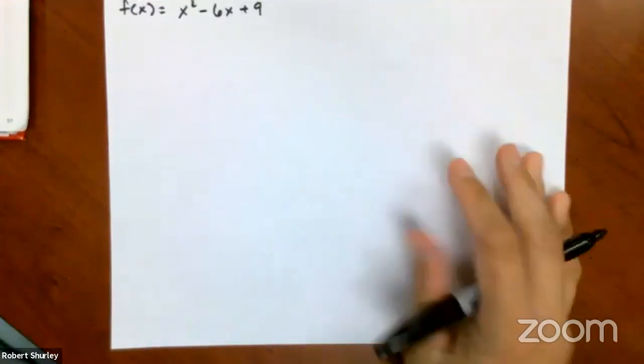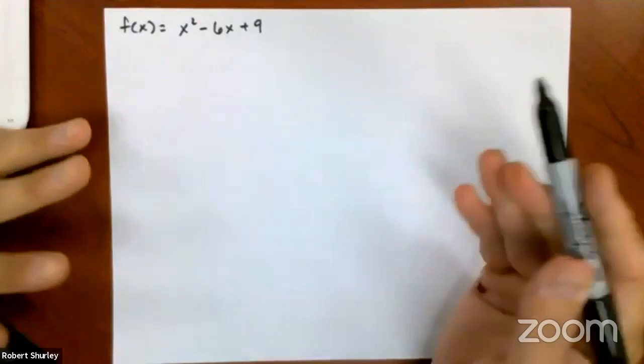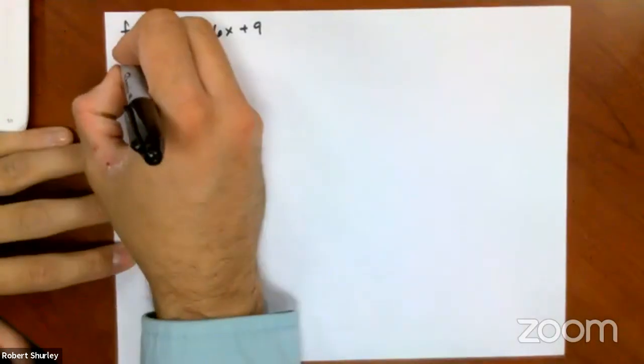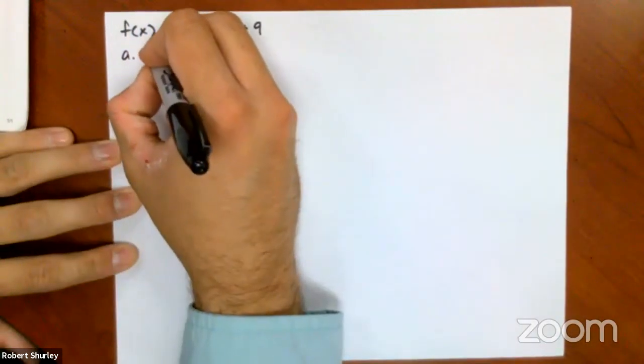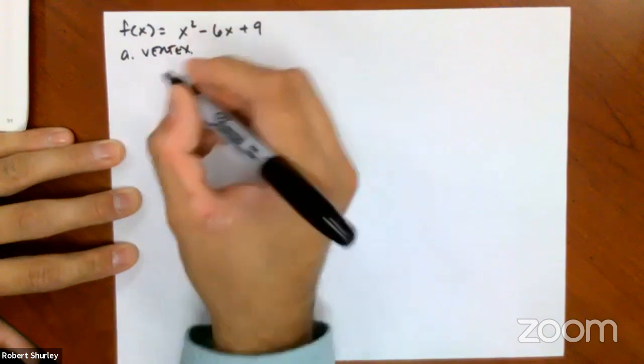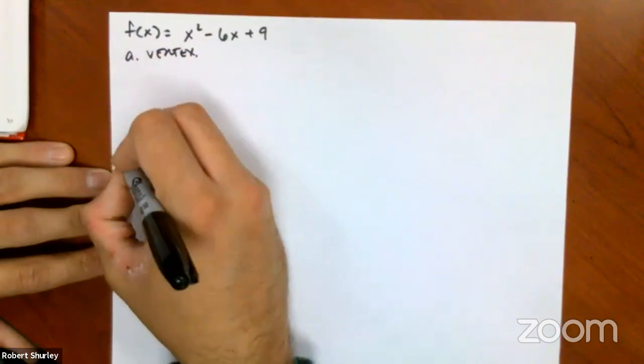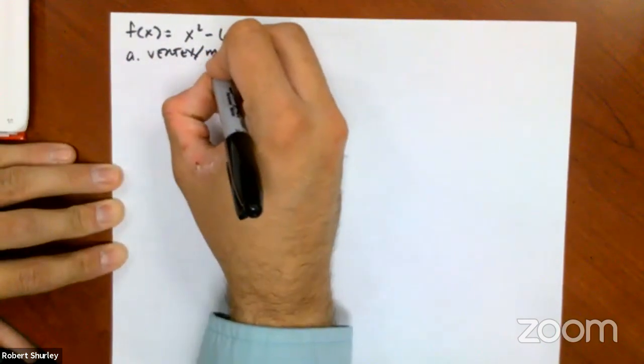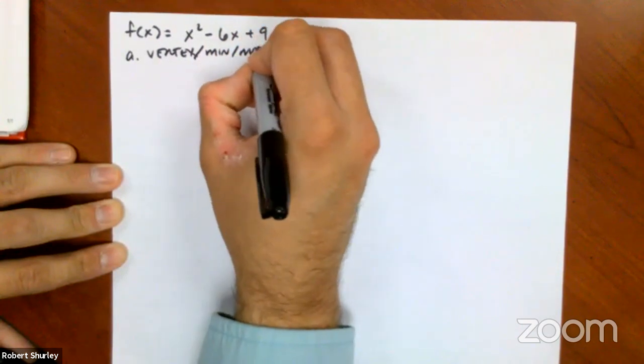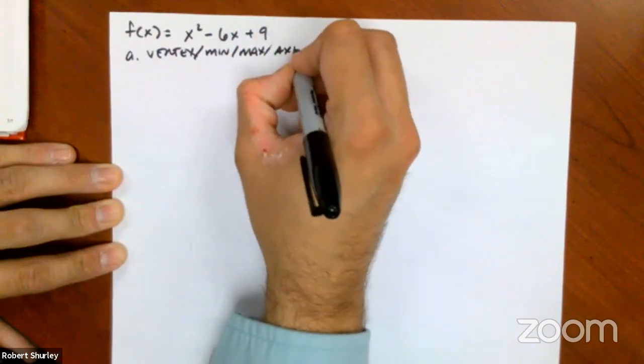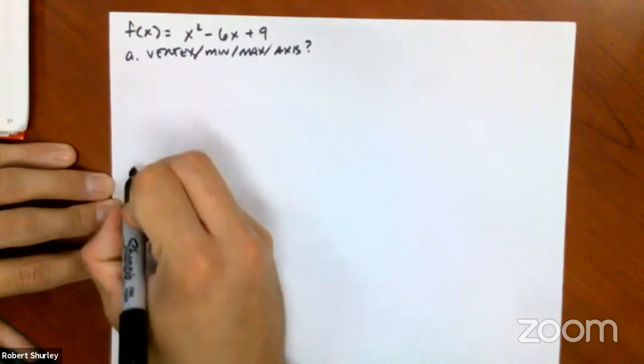Okay, so the math on this one won't be bad. I want you to find the vertex. We'll add the axis of symmetry back in here. Well, actually, let's just add it all in here. Min, max, and then the axis of symmetry.